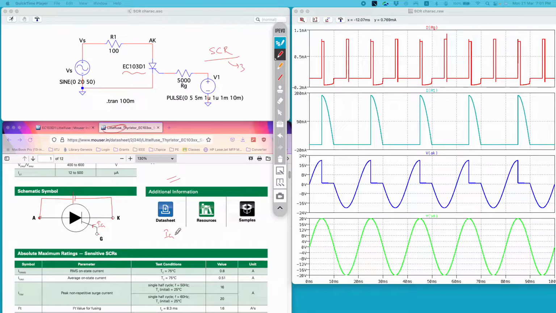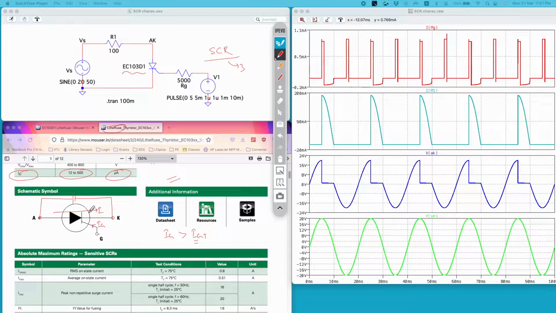If this Ig is greater than a value called IGT, the gate trigger current, then your thyristor will start conducting current from anode to cathode. This IGT value is usually mentioned in the data sheet. For this particular SCR we have IGT mentioned here: it's 12 to 500 microamp.